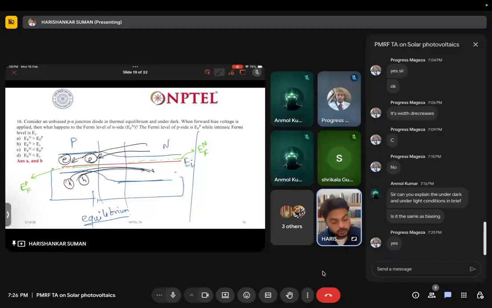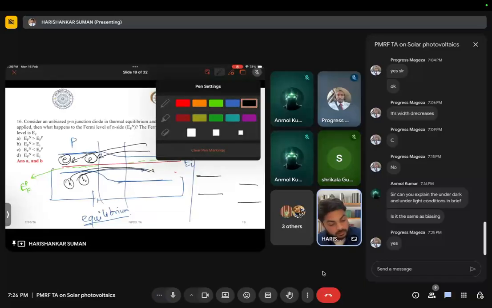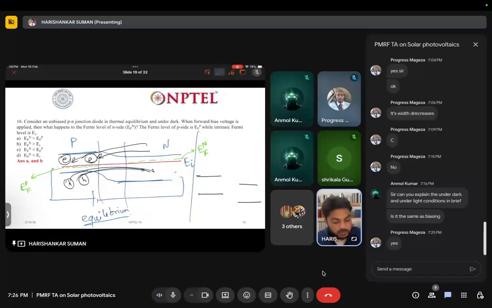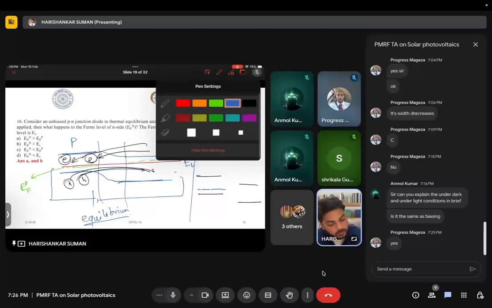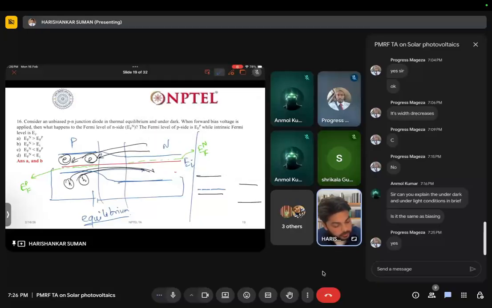Equilibrium is disturbed. No longer is there one Fermi level. This condition is called the quasi Fermi level, quasi state, because they are not in the same place, some ups and downs, because we disturbed the equilibrium and are not at the equilibrium point now.